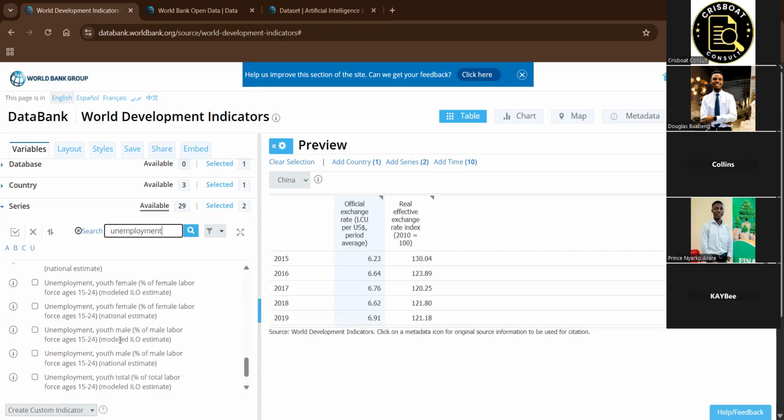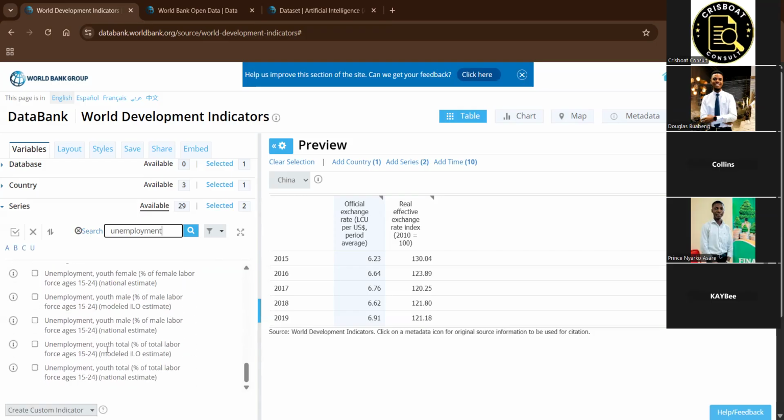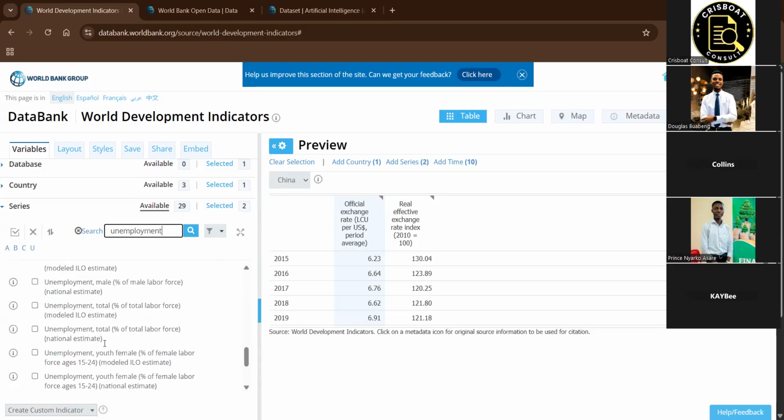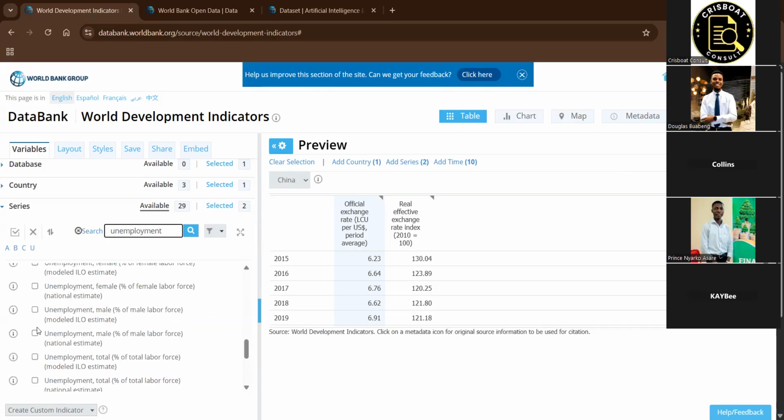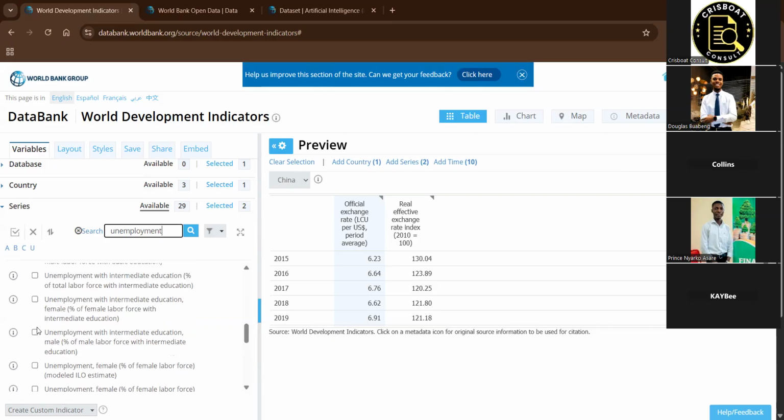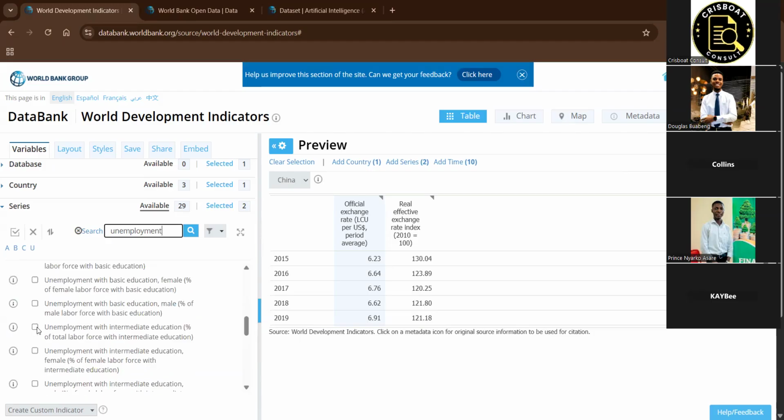And then we have unemployment, youth percentage, national estimate, youth female, total unemployment is here. We have female unemployment, intermediate education, basic education.